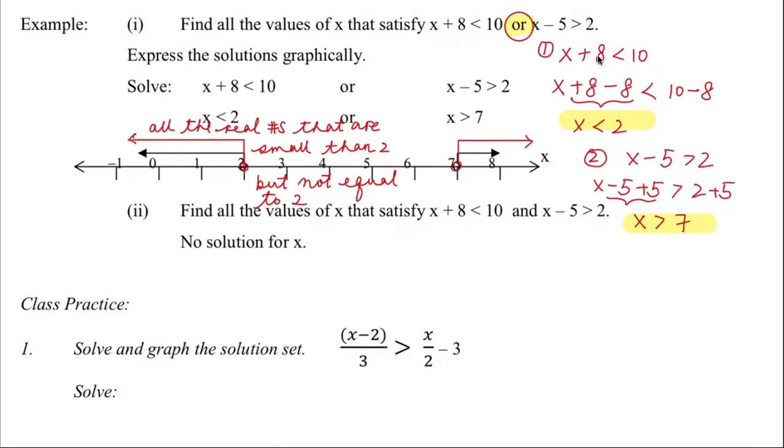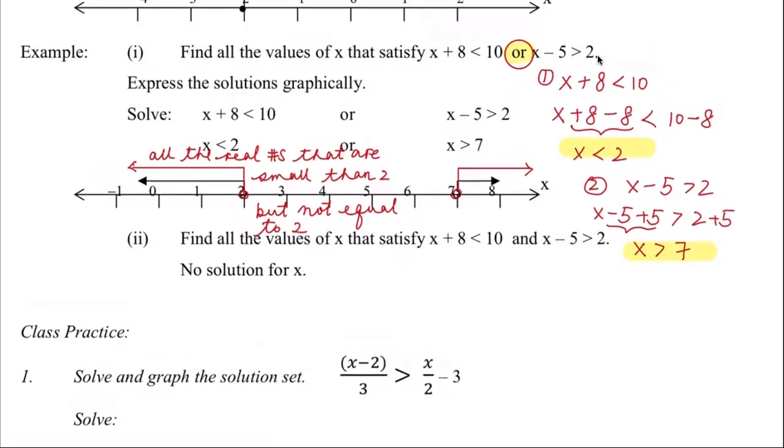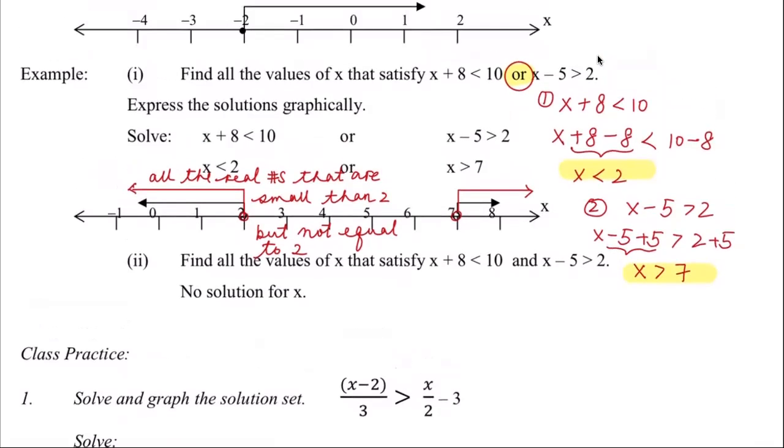Okay. And here is where most of the mistakes happen. Because the question says or, the solution to this question, if you draw it on the real number line, should be this.